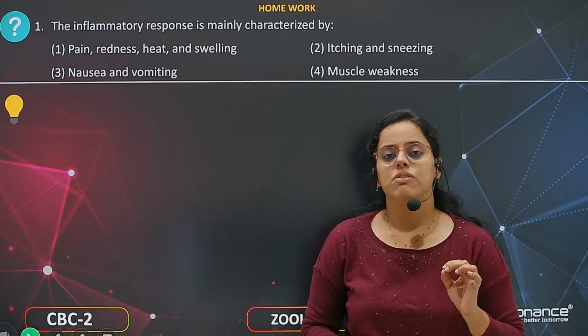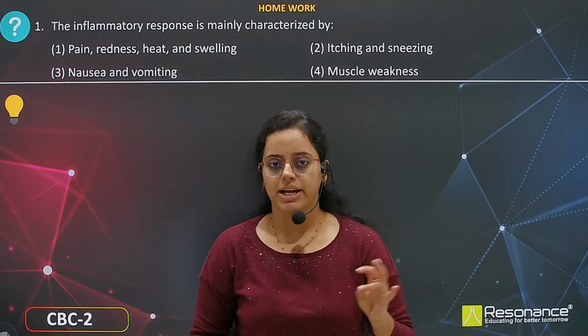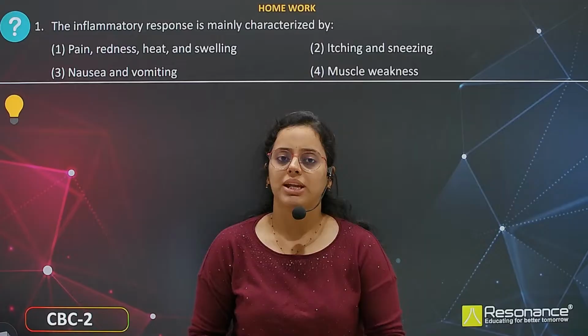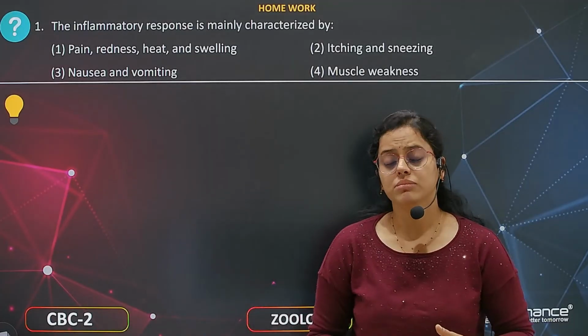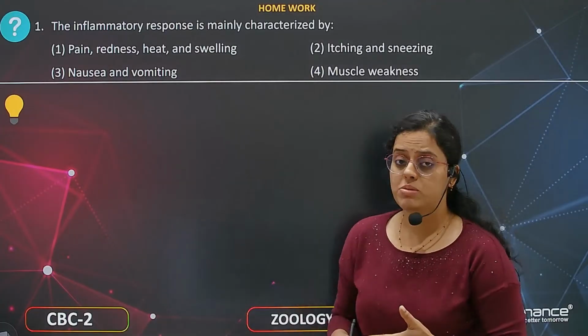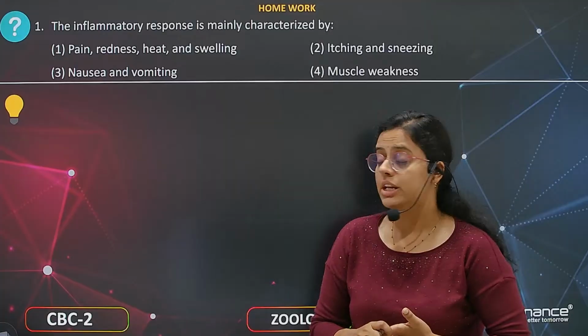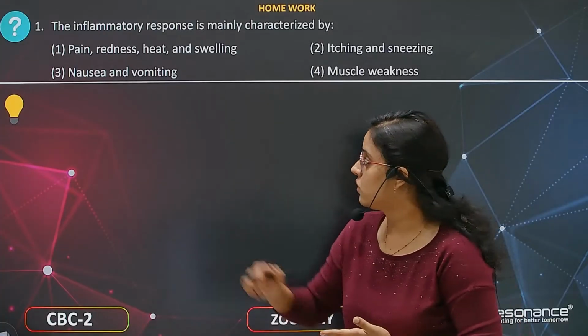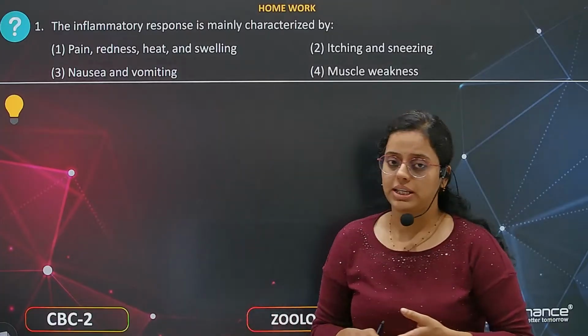The inflammation response is mainly characterized by pain, redness, heat, swelling. Pain, which means dolor, redness, which is rubor, heat, yes, increase in temperature is seen, that is fever, we call it heat, or calor, and swelling, edema.